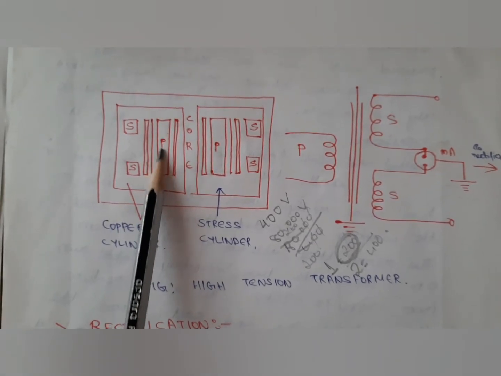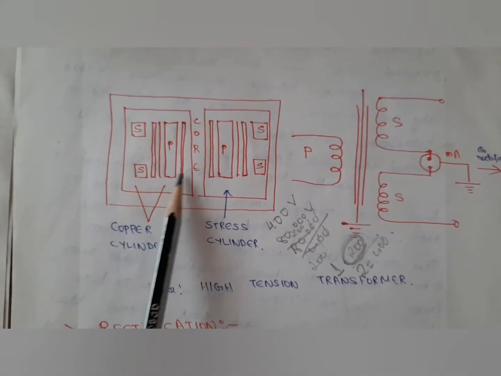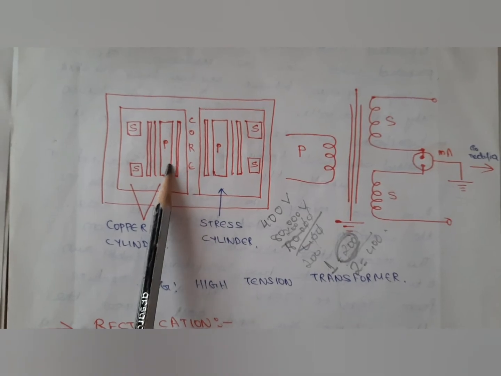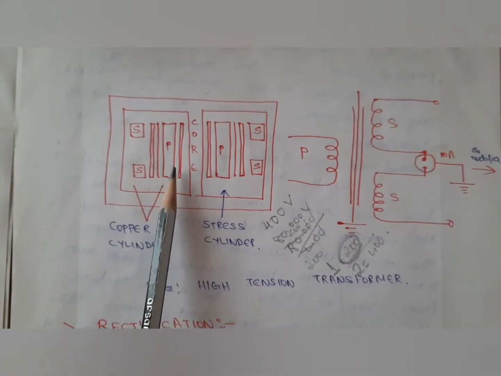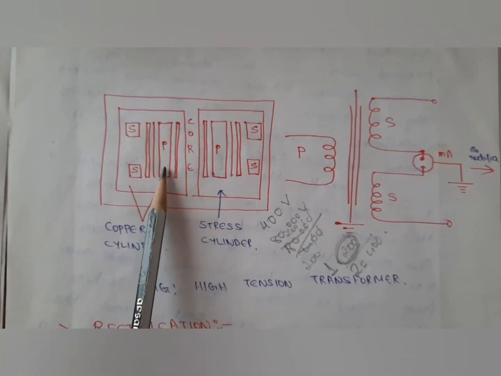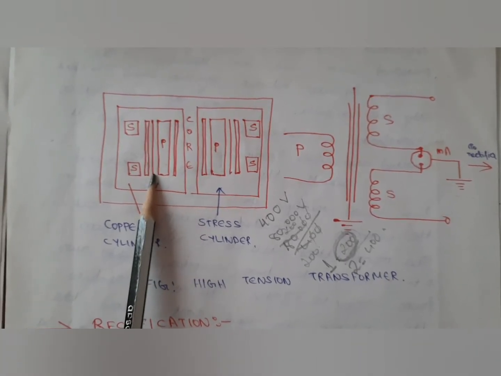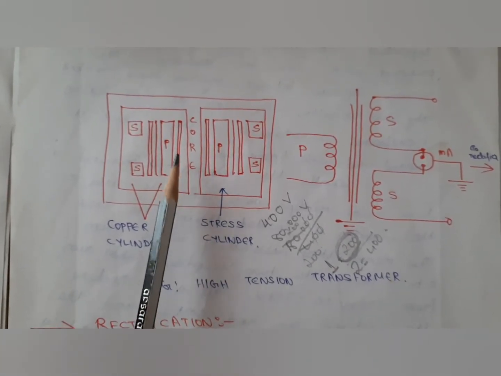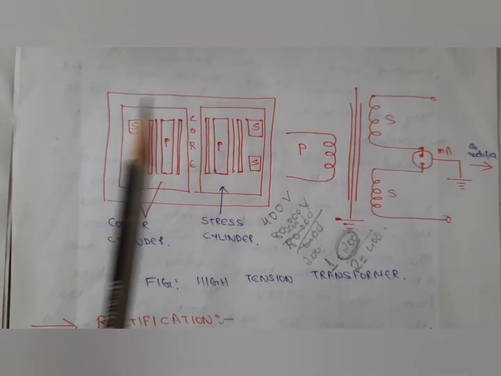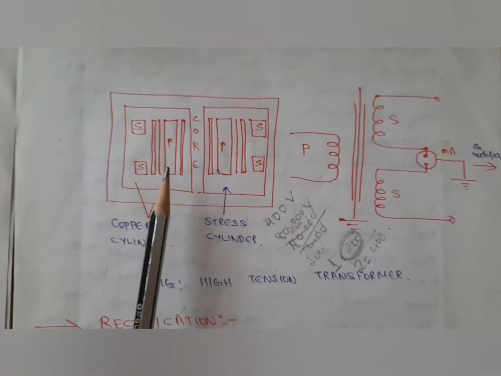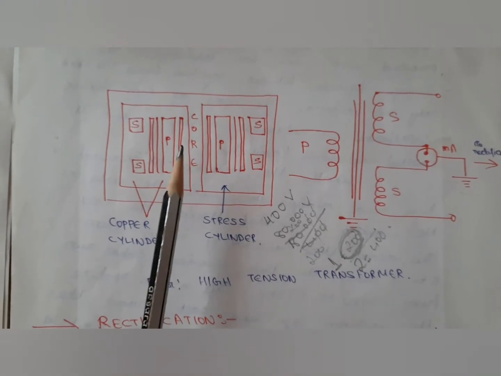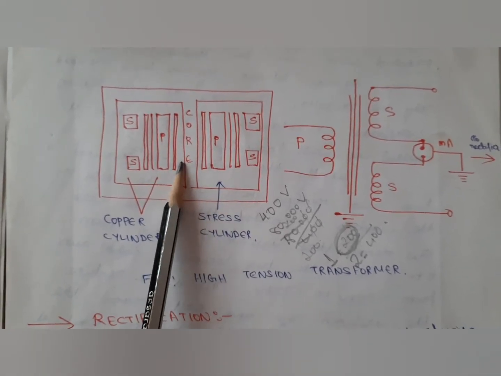Now let's discuss what the primary coil and the secondary coil are. The primary coil is made up of a few hundred turns of thick copper wire which is insulated and wound on a cylinder. Then a thin copper sheet is fitted over the primary winding which is earthed, and this sheet is known as a stress shield.